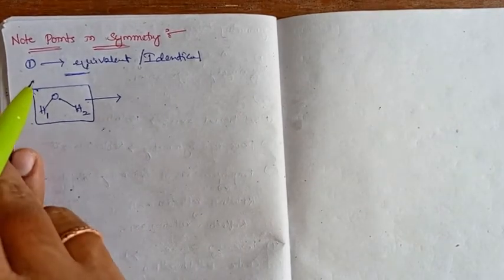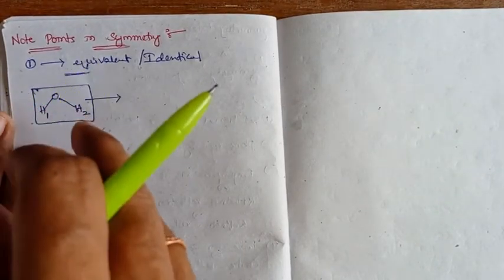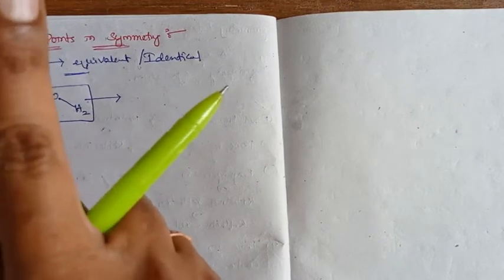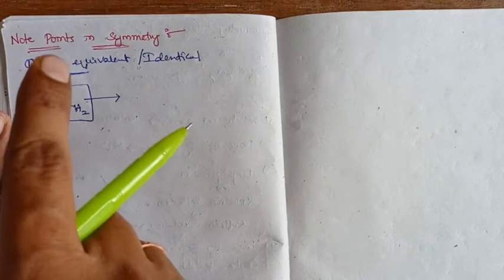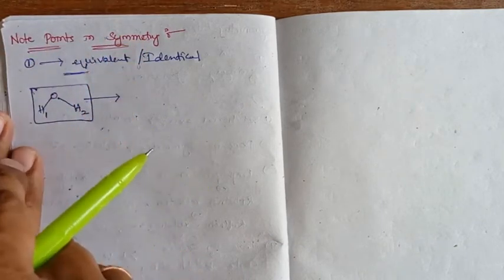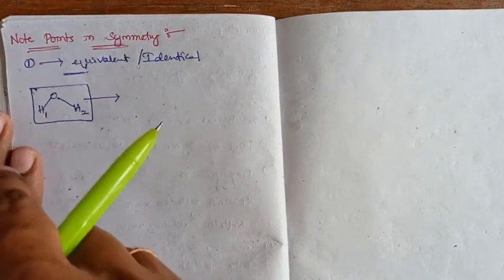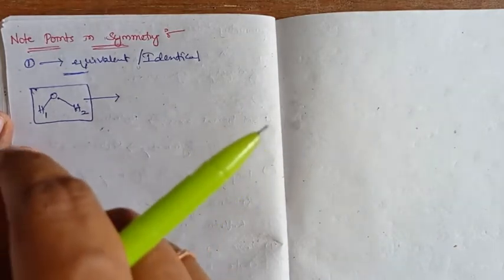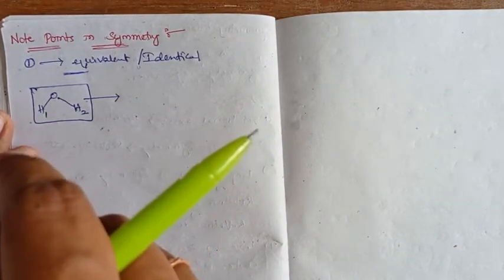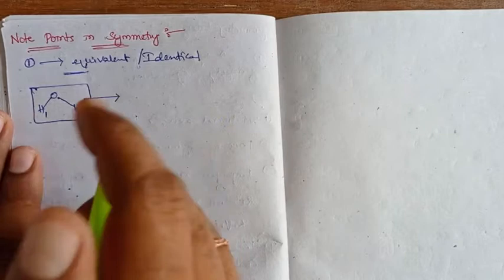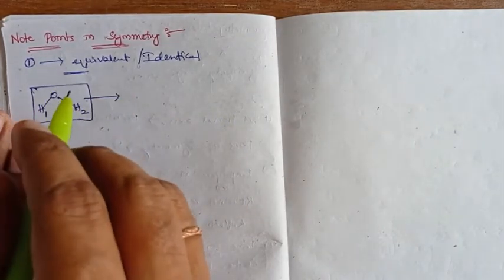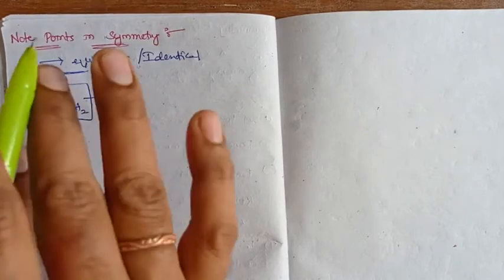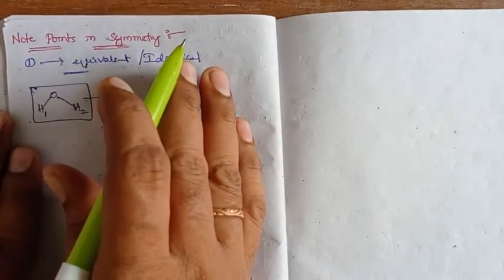Just before class I said that the rotation will be done with the help of an imaginary axis, the reflection will be done with the help of an imaginary plane, and inversion will be done with the help of an imaginary point, right? That's how we do it. So here, doing the reflection, the atoms' positions should not be disturbed, right?